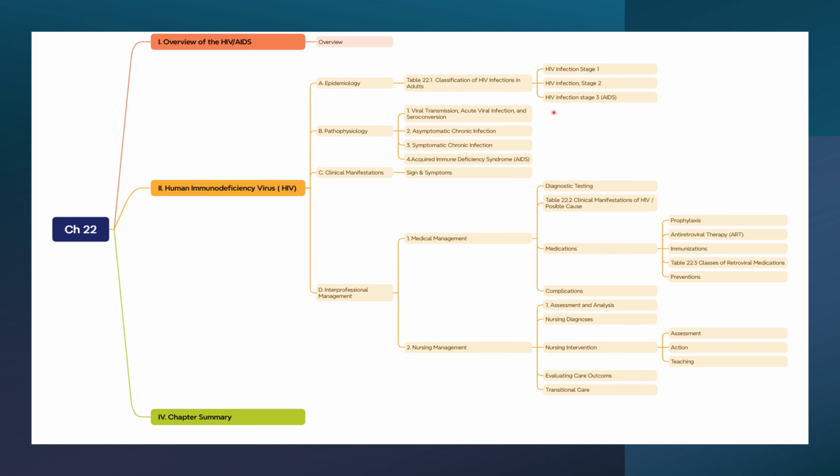And here there are some very good tables, and here are the stages, like in A&P and patho, where we talk about stages of HIV and AIDS. So take a glance, take a short screen, and we move deep into the chapter.